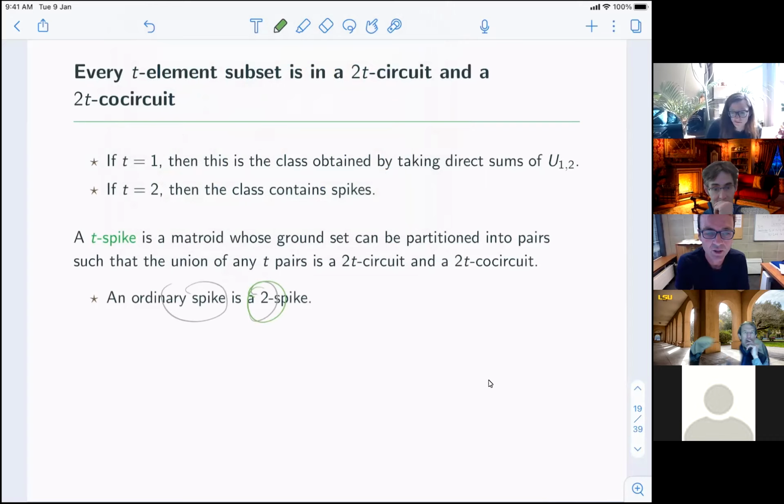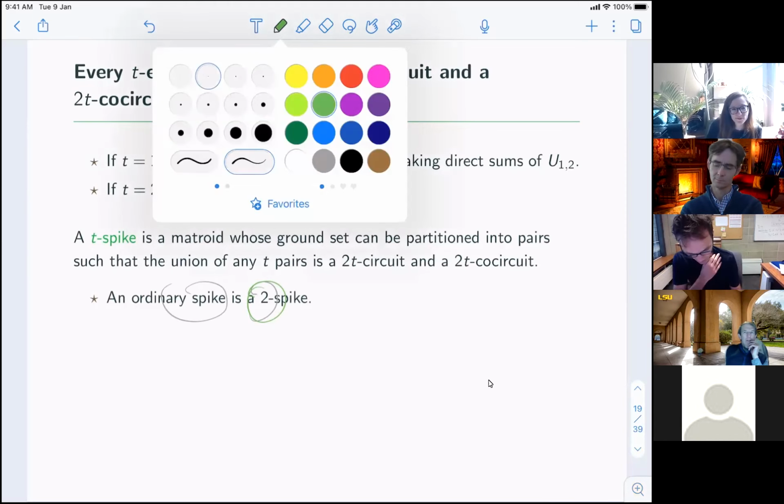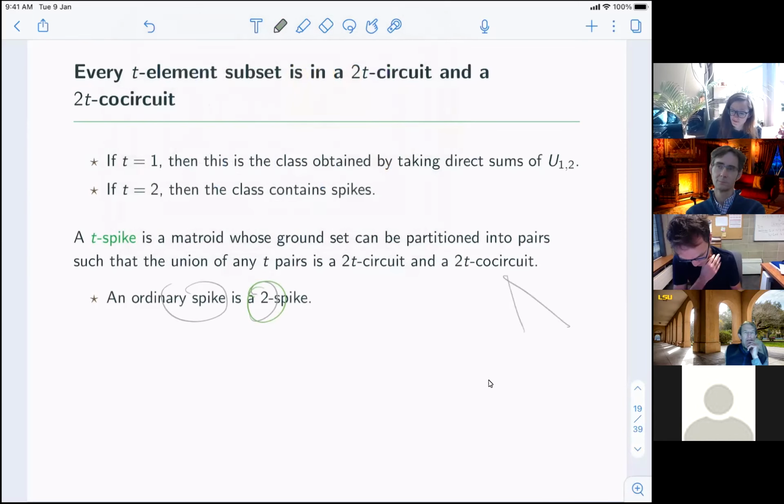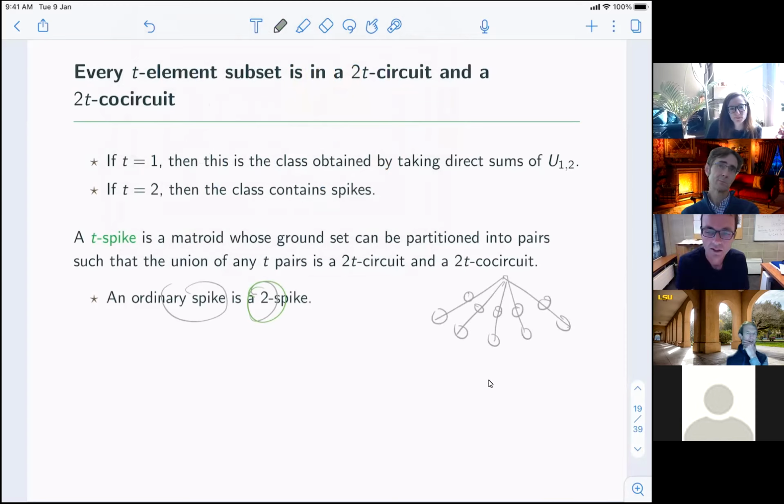I can partition into pairs, and the union of any 2 pairs is a 4-circuit and a 4-co-circuit. I'll draw that again to remind those who are familiar. What are the pairs in this case? The pairs are the legs. Here are my pairs. If I take any 2 of those pairs, they're in a 4-circuit and a 4-co-circuit.